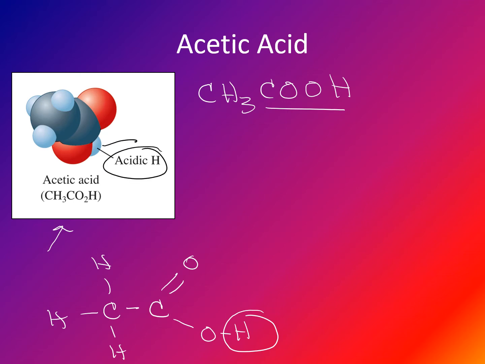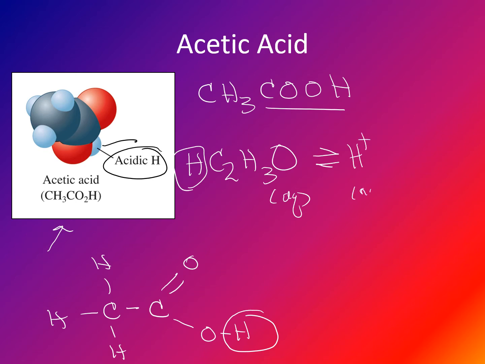When it ionizes, well, first of all, we often write acetic acid as HC2H3O2. So that's hydrogen acetate. This makes it easy to see that front hydrogen come off, and then you're left with the rest of the ion, C2H3O2 1-, the acetate ion.